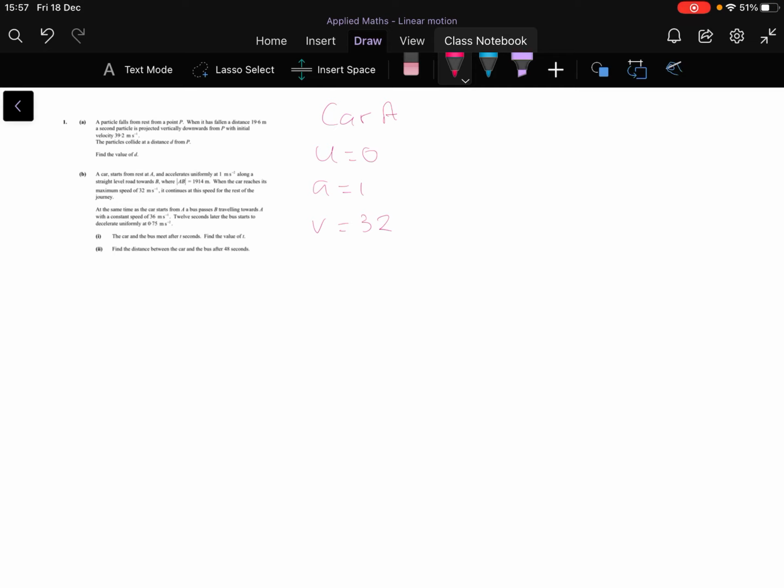So if I'm going to draw a graph for car A, I know that what's going to happen here is I'll start at my point, go up a certain amount and then end up going straight across. This point here is going to be 32, and I can split this up into two different sections. So that is going to be the section where you are accelerating and then the maximum velocity section.